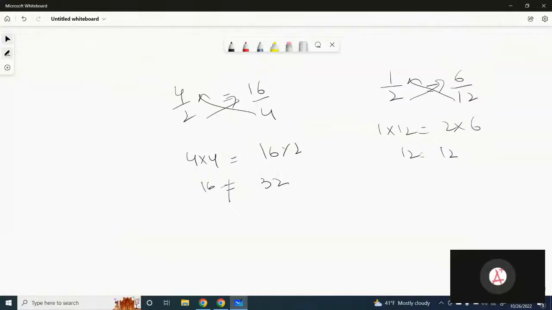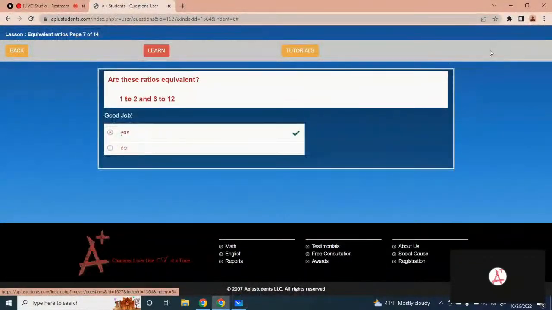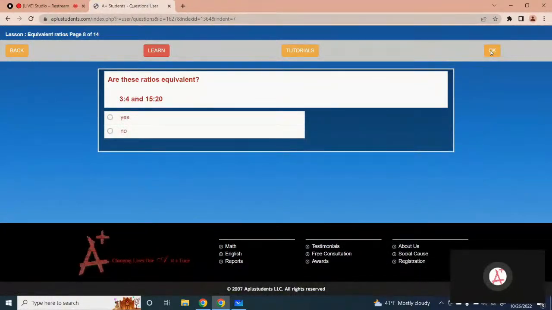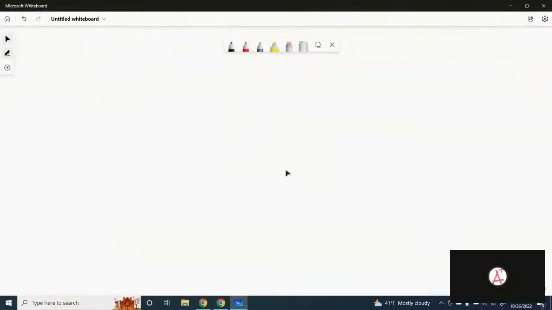Okay, the next one is 3 to 4 and 15 to 20.